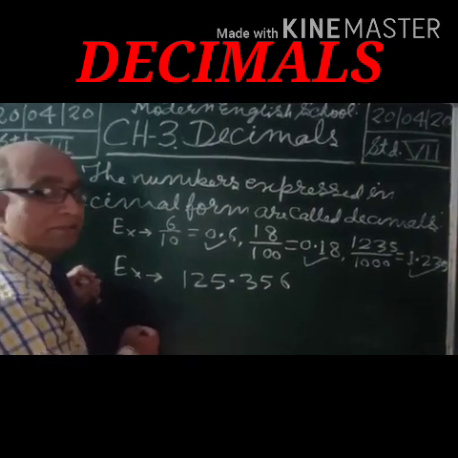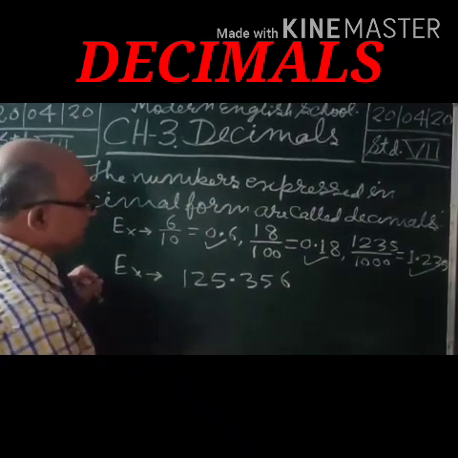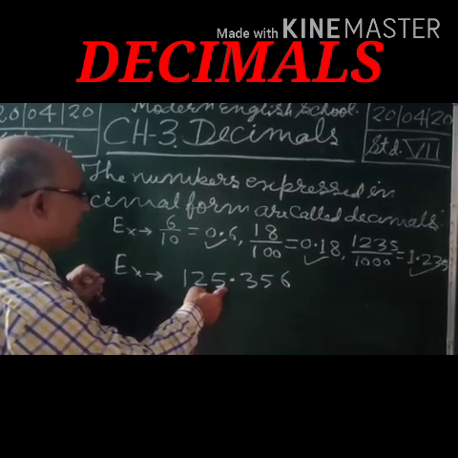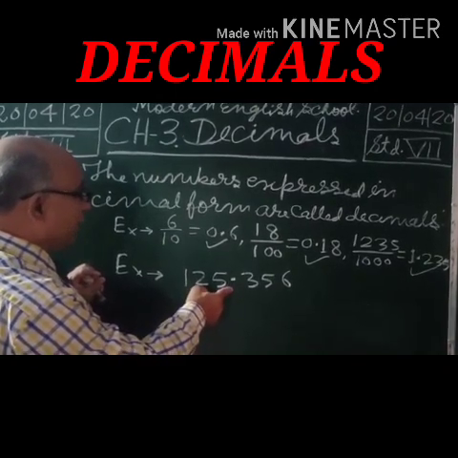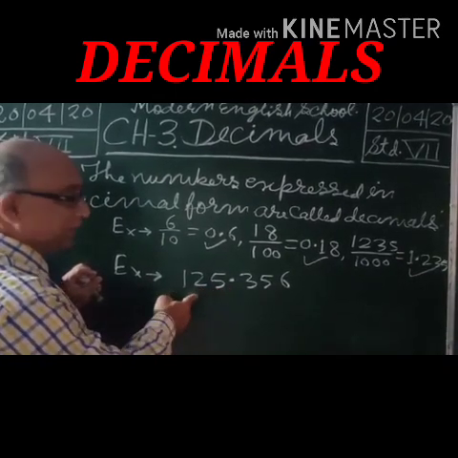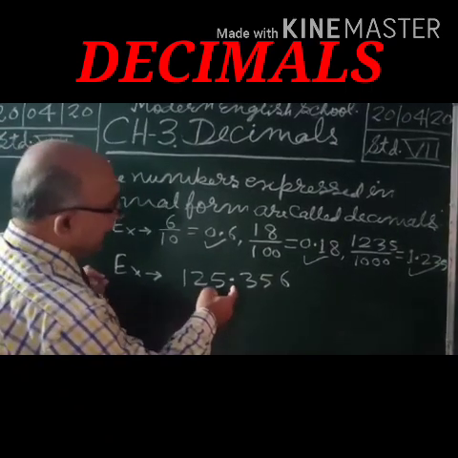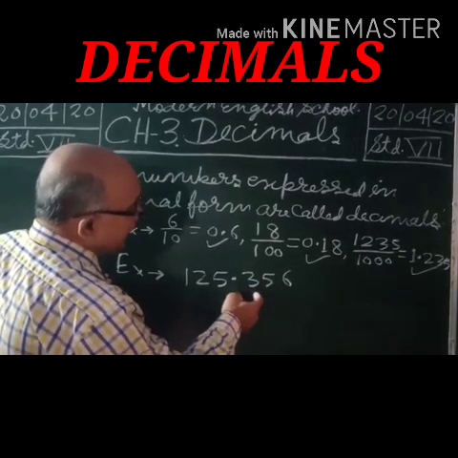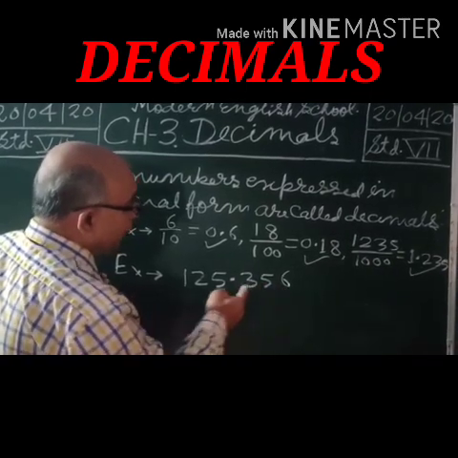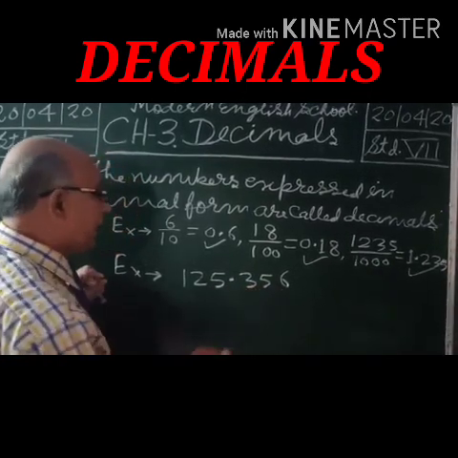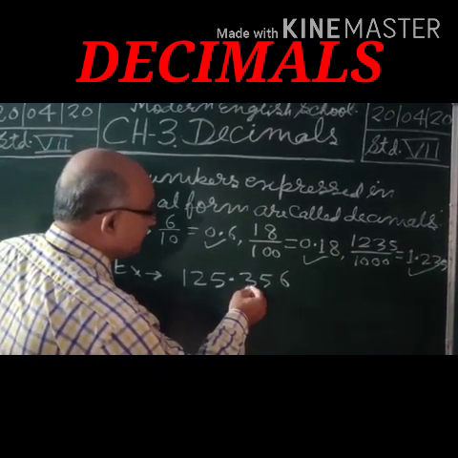A decimal has two parts. A part on the left side of decimal point is called whole number part, and a part on the right side of decimal point is called decimal part.